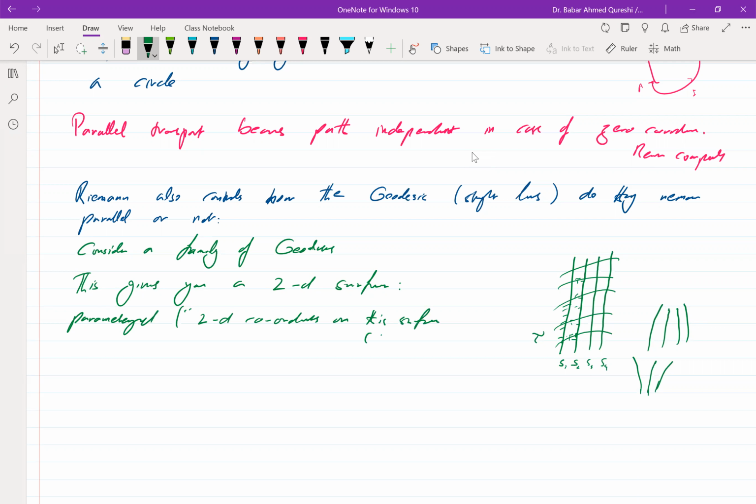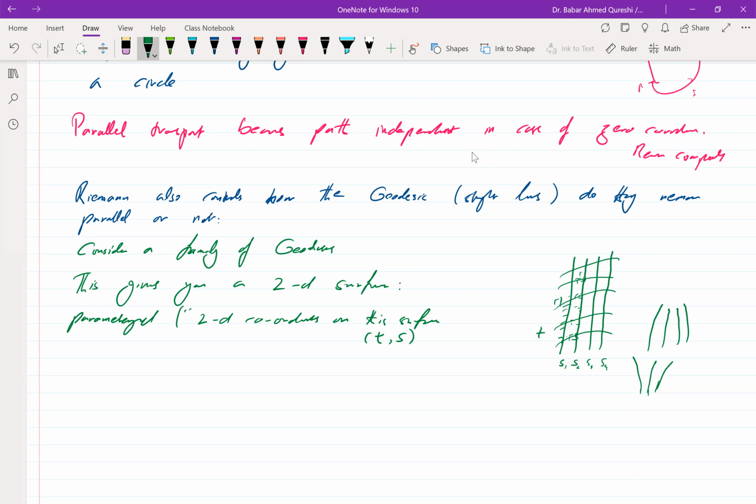Let me call it, instead of tau, T, because that's an S, T and S. And they are pretty arbitrary, except that this T is an affine parameter. Apart from that, where you start on the next geodesic is completely independent of what happens on the first geodesic. I can call this one and I can call this one. You just know that this one is not that one, because you have a corresponding S parameter which labels this point.